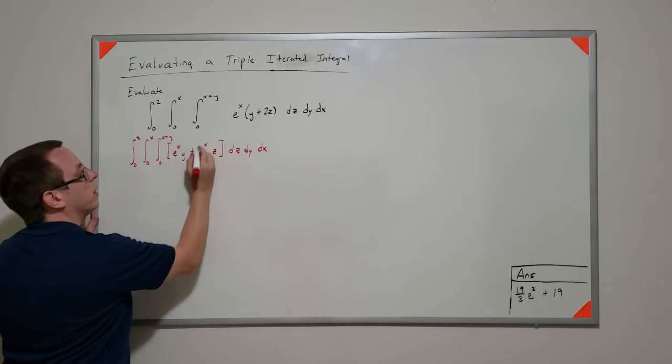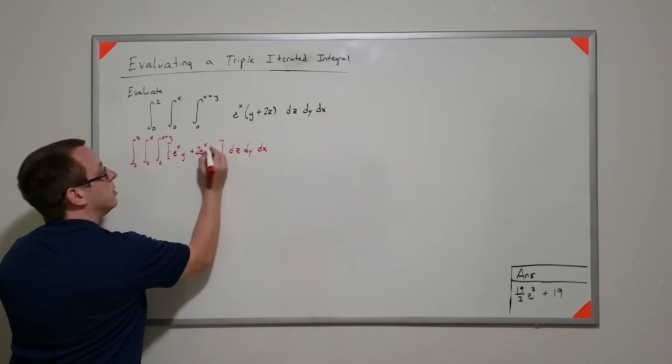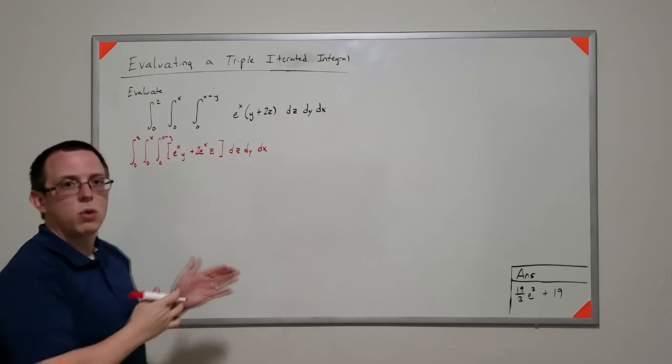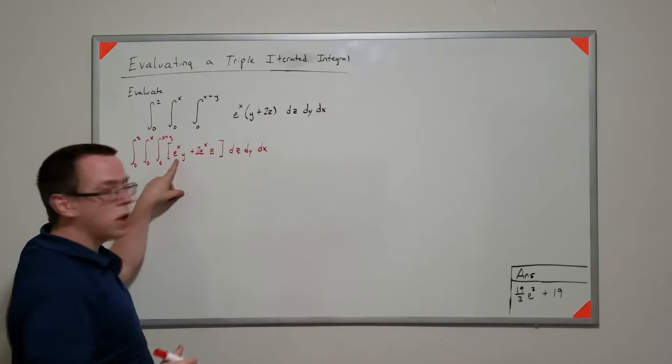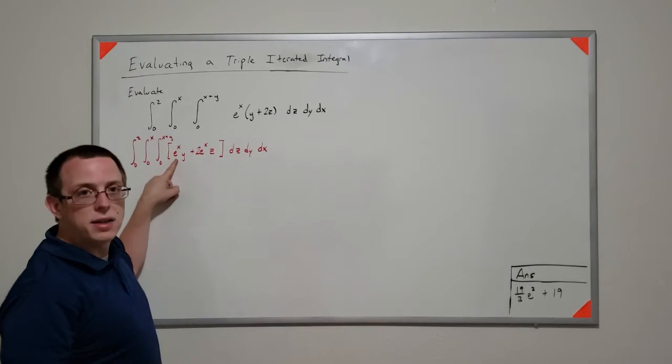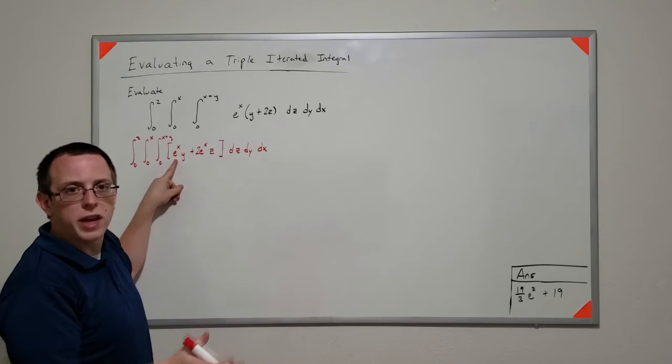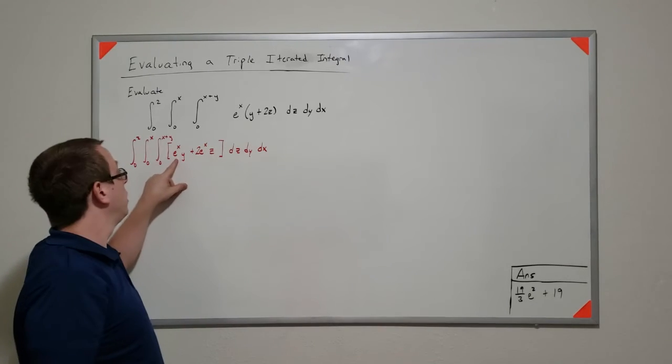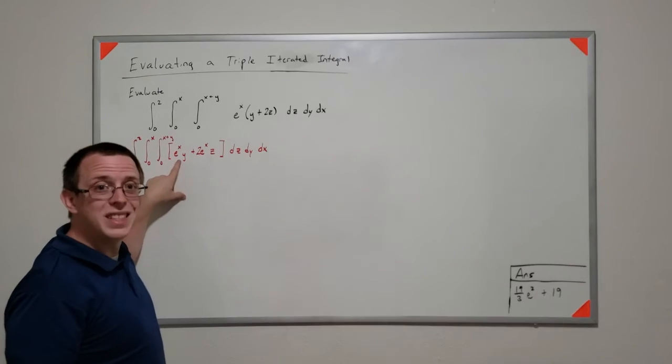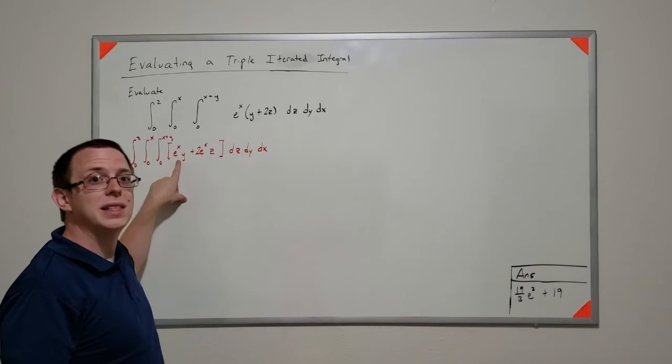So let's pull that out. Let's say that's 2e to the x z. So again, this is constant. So the antiderivative here, if this was 4, the antiderivative would be 4z. So the antiderivative of this is e to the x times y z.